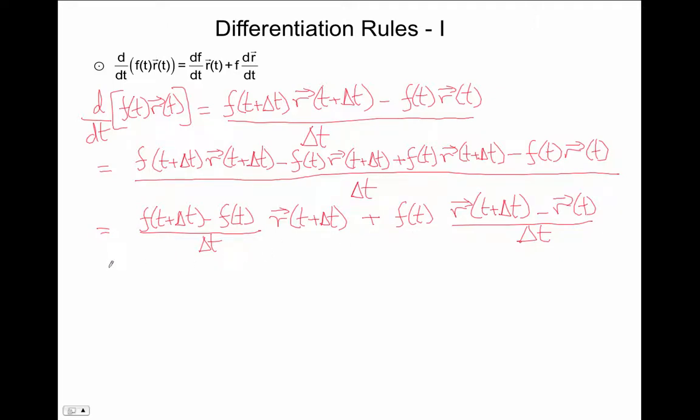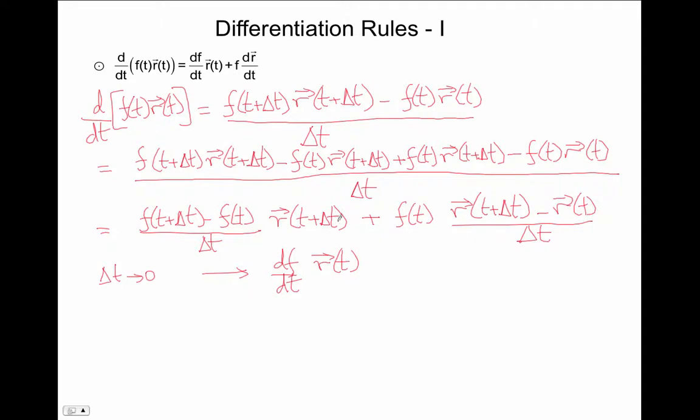As delta t goes to 0, this over here approaches the derivative of f with respect to t, so df by dt. This r of t plus delta t will get closer and closer to r of t, and that's because this vector function has been assumed to be continuous.